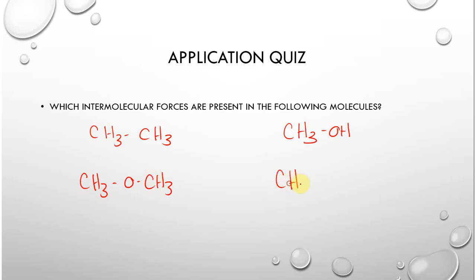Carboxylic acid. And do methanoic acid. And I'll rewrite this just to show how it's bonded. Actually, we'll go ahead and do it this way. I'll write that out. That's what was wrong.